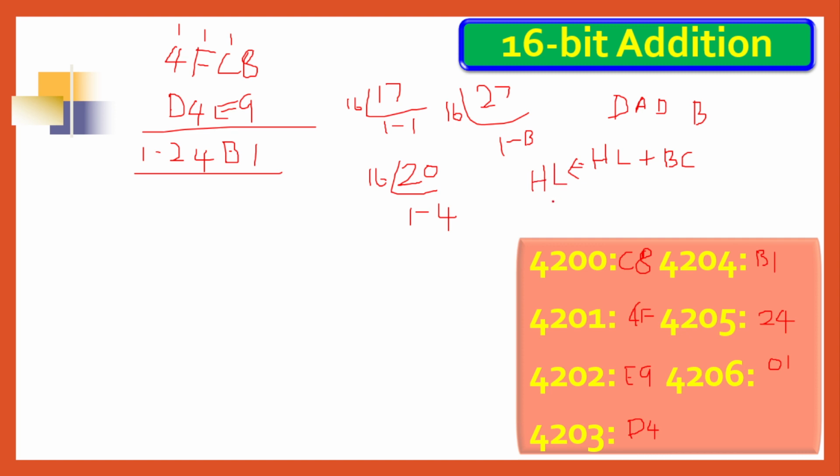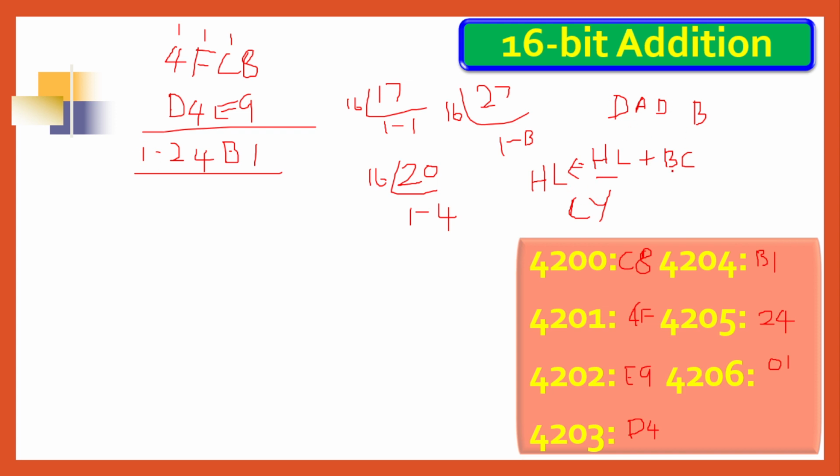In all 8-bit operations, the accumulator holds one of the inputs and the result is updated there. Only for this double addition, HL will act as the accumulator. It will hold one of the 16-bit inputs, the answer is also updated in HL, and the carry flag is also updated based on the result. For this result, the carry flag will be 1.